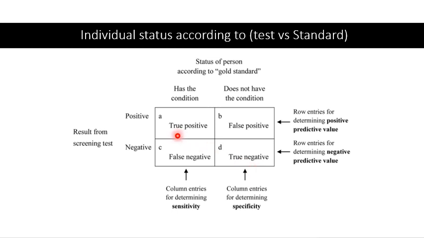Mind you, there are other ways of presenting these results. If you take the horizontal axis rather than the vertical axis, then you can get things like the positive or negative predictive values and the likelihood ratios, rather than the sensitivity or the specificity on the vertical axis. We'll come to this later.